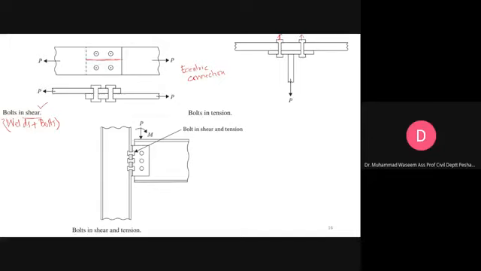Similarly, the fasteners can be subjected to shear forces. The design procedure is different for each scenario. And obviously when you have a combination of shear and tension acting on your connection, we have a different design procedure. In this class we will be focusing on this scenario.